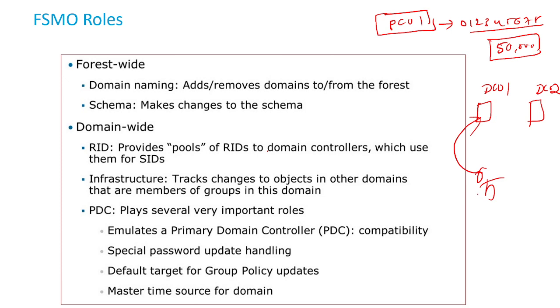After some time, he went for a break, or to a conference hall for another meeting. He shut down this PC, came back after some time, and when he tried to log in, the authentication now goes to DC02. If the PDC is down, the password he changed has not been synchronized to this domain controller. The new password was not synchronized to DC02. So DC01 has the new password, but DC02 still has the old password, because it has not received any information that the user has changed the password.